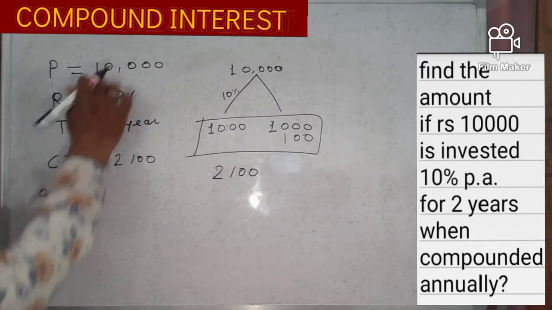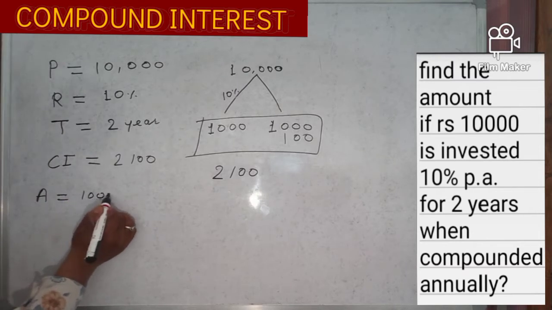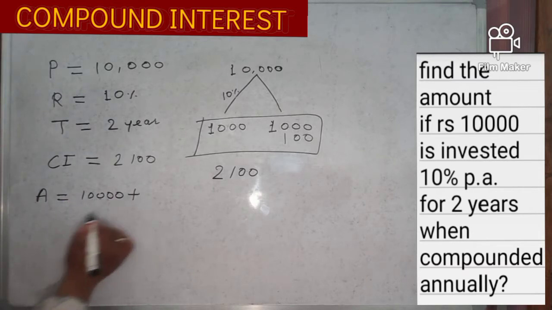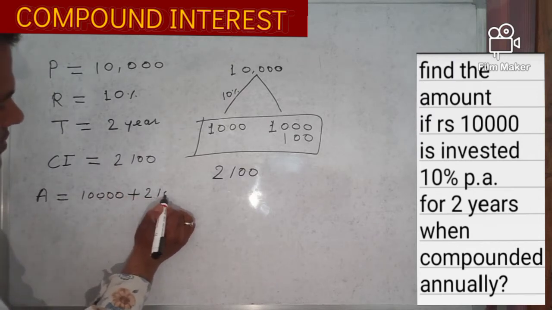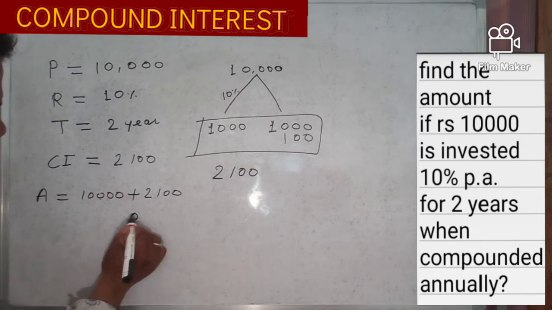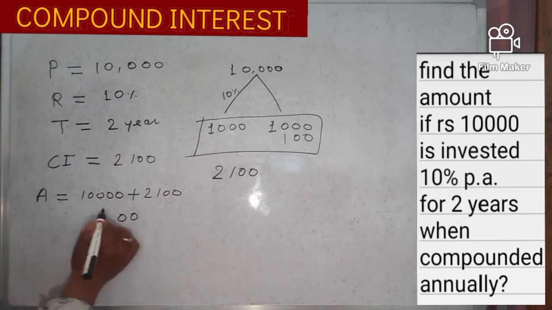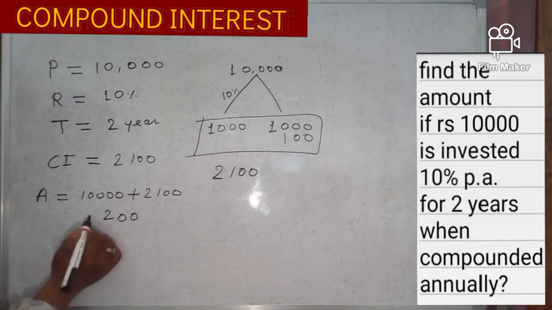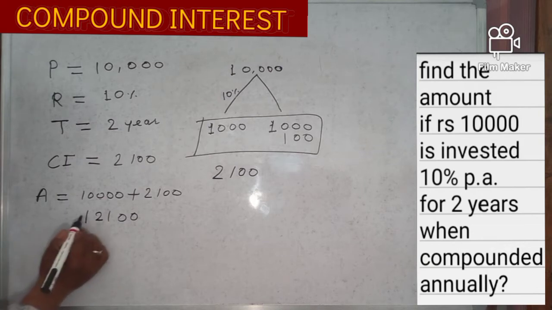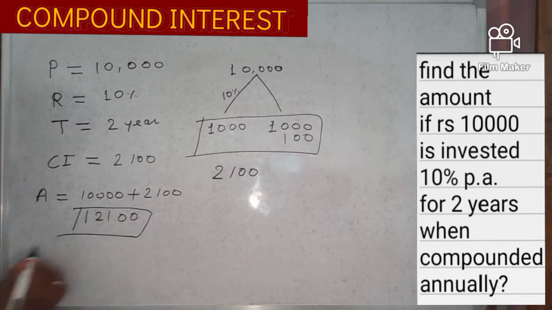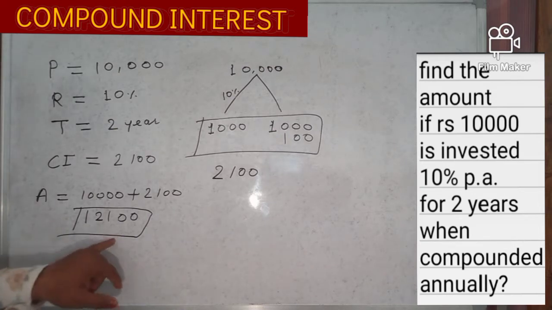So principal is 10,000 plus compound interest 2,100. So our amount is 12,100. So 12,100 is the answer to this question.